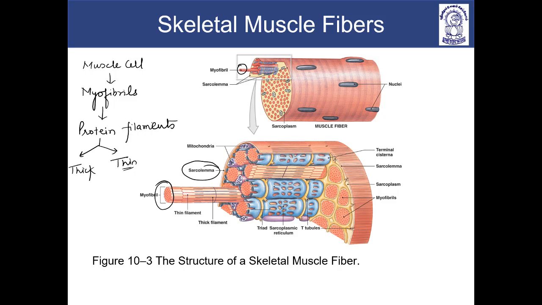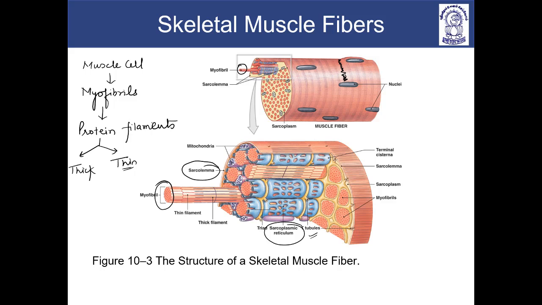The internal structure is like this. The sarcoplasmic reticulum is here. Then we have tubules. It is having striations.